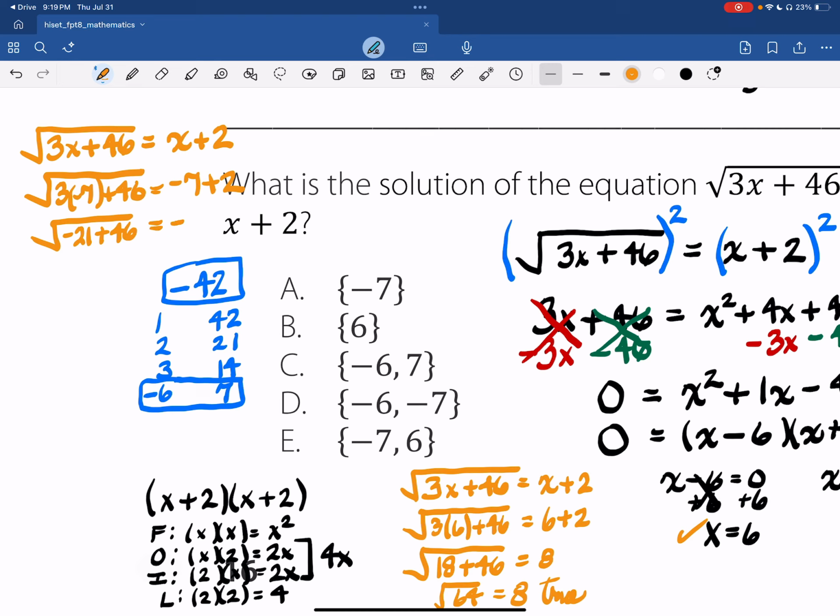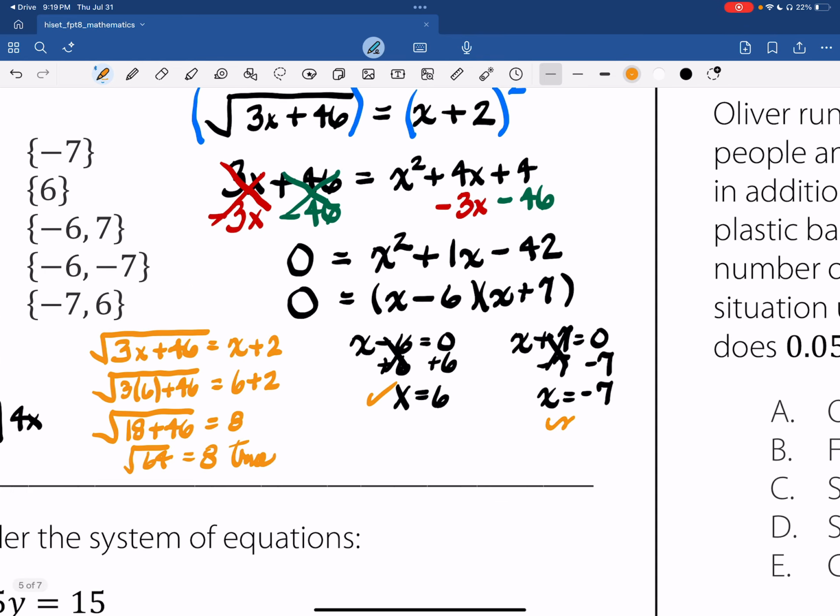And over here is a negative 5. So negative 21 plus 46 is what? 25. Square root is negative 5. That is not true. The square root of 25 is positive 5.